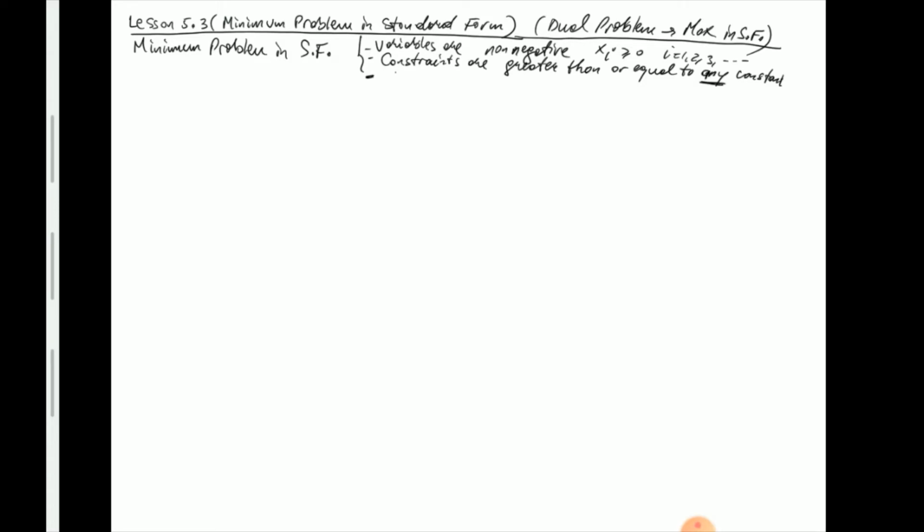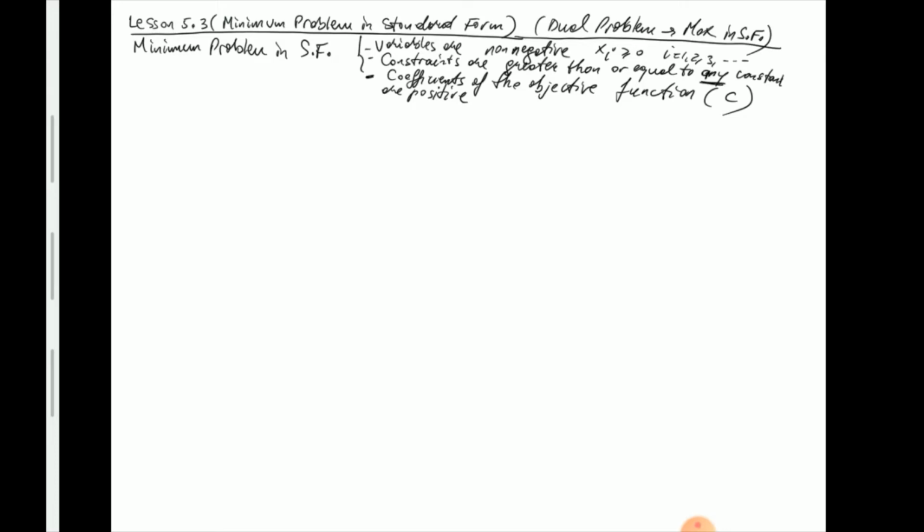And a third condition is that the coefficients of the objective function, which this time around we're going to denote by C, are positive. So the coefficients of the objective function need to be positive this time around. We call it C because that suggests the idea of minimizing the cost, right?